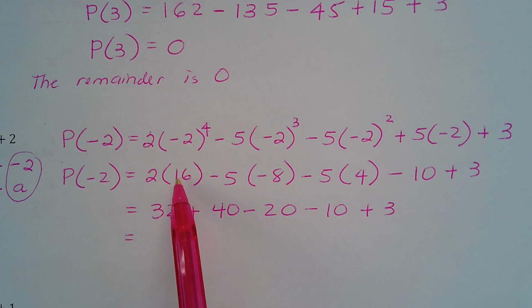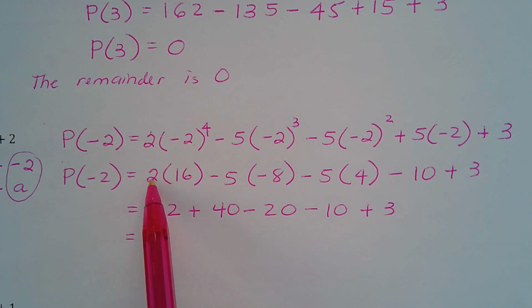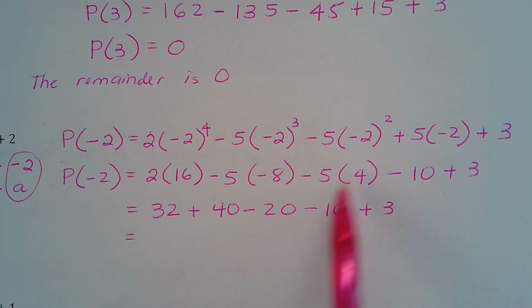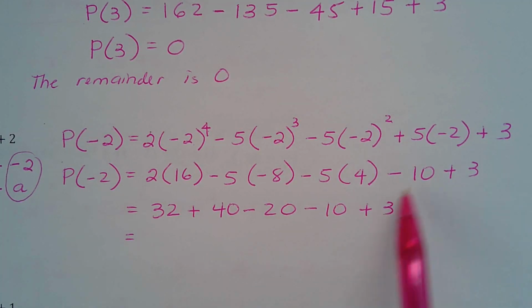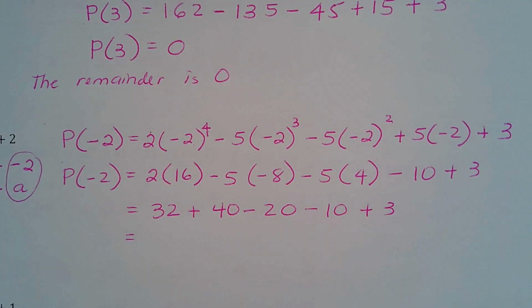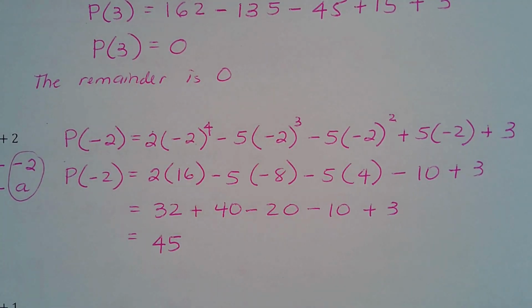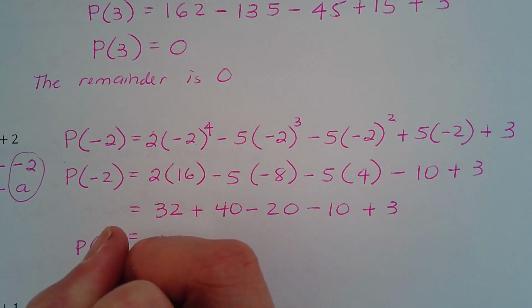And then from here, I did one line next. 2 times 16 is 32. Negative 5 times negative 8 is 40. Negative 5 times 4 is negative 20. And negative 10. And I got 45. So what does that mean?